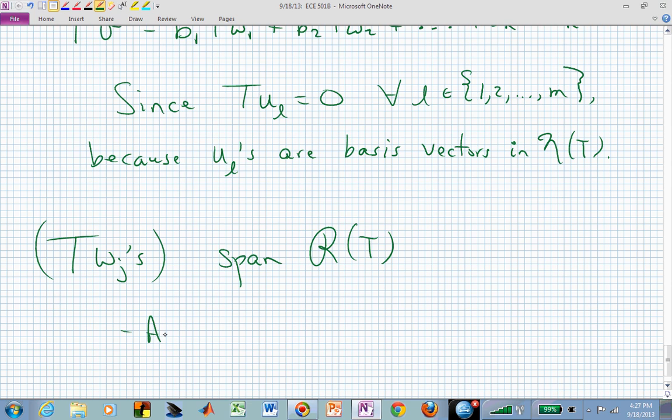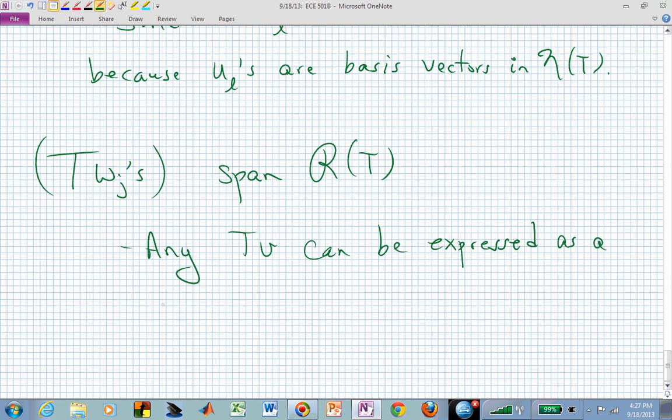And that was because we picked v to be any arbitrary vector. Any Tv can be expressed as a linear combination of these T w vectors.